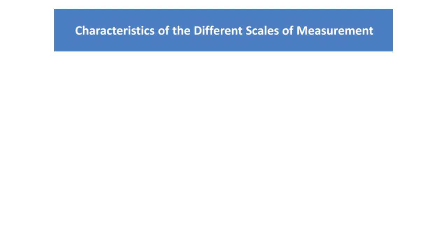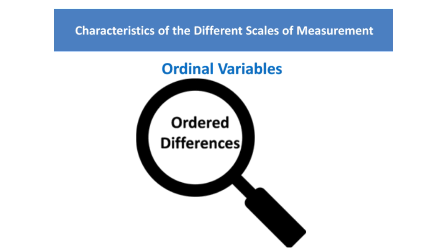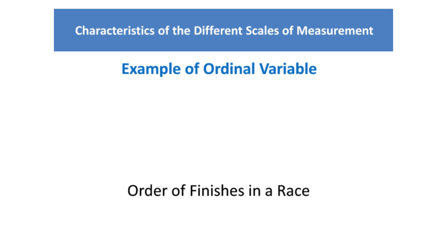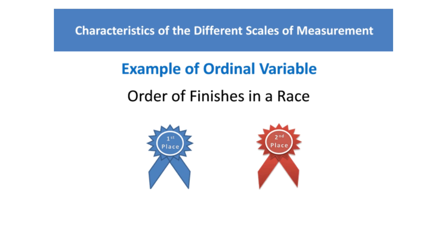Now let's take a closer look at ordinal variables. The second level of measurement is ordinal. Ordinal level data is more precise than nominal data, as the differences can now be rank ordered. However, it does not indicate that the differences between two numbers are fixed or equal. An example of an ordinal variable is the order of finishes in a race. For instance, we can say that Tanisha finished first and Alexis finished second.